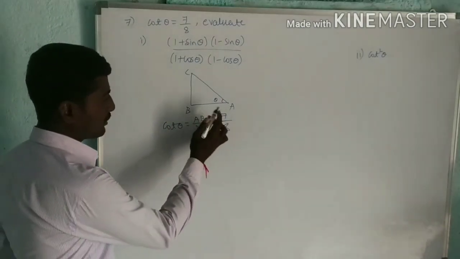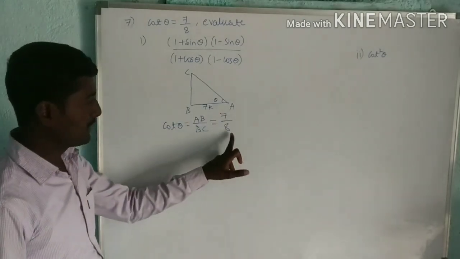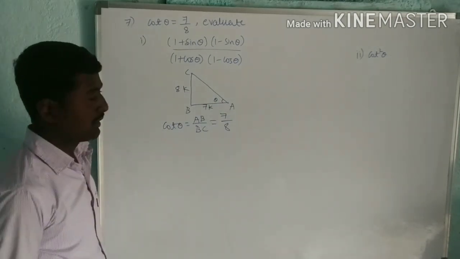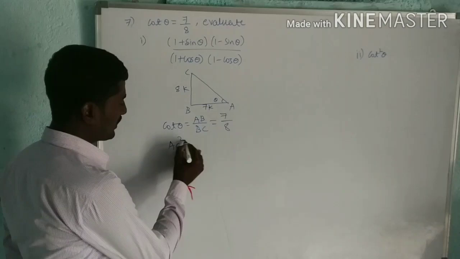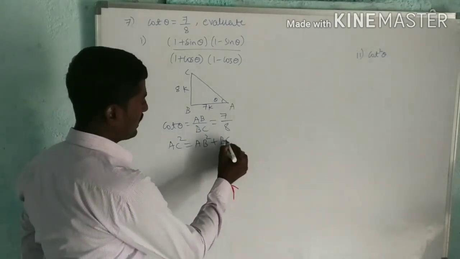Now AB I can take as 7k, and BC I can take as 8k. Now I have to find AC by applying Pythagoras theorem. That is AC square is equal to AB square plus BC square.